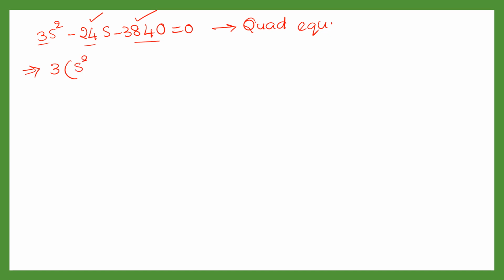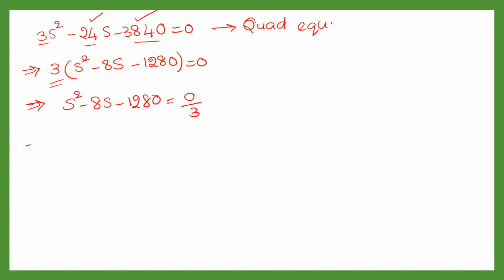You will get 3 into, if you take 3 as common, s square minus 8s minus 1280. 3 8s are 24. 3 1s are 3, 3 2s are 6, 3 8s are 24, 0. So next step will be, if 3 goes to right side, here it is multiplication, here it will become division, 0 by 3.